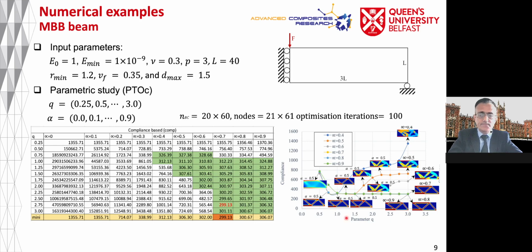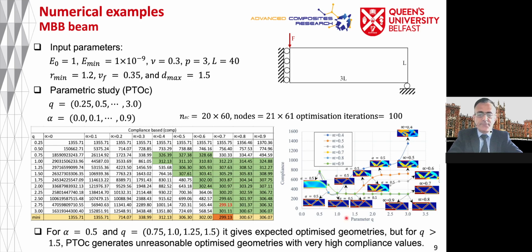So for alpha equal to 0.5 and Q equal to 0.5, 0.75, 1.25, and 1.5, which are these values here, it gives expected optimized geometries, which you can see here. But when Q is greater than 1.5, which are these geometries here, it gives unreasonable geometries with very high compliance values.